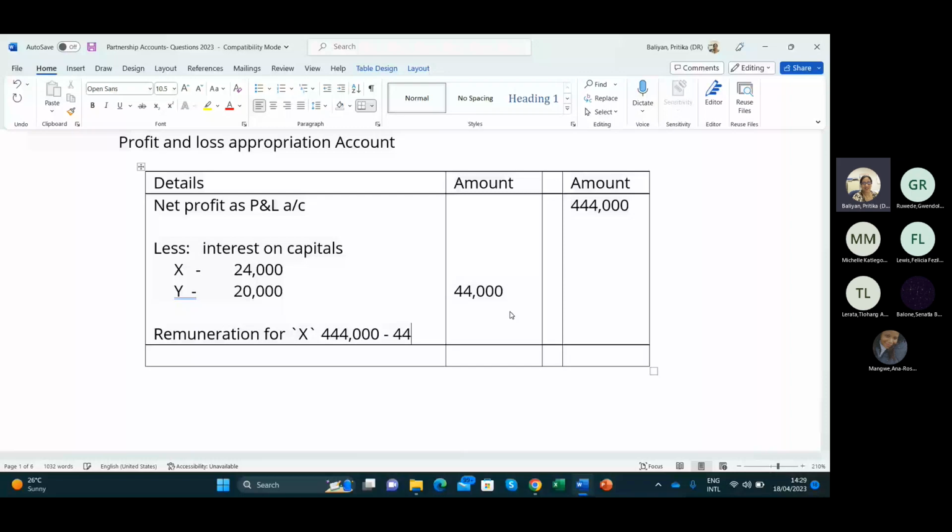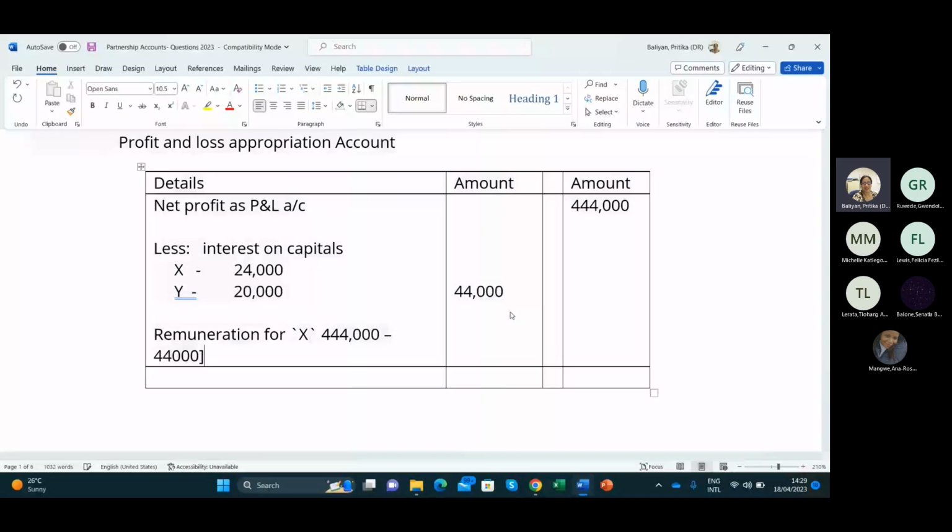So you subtract that amount and then times 10% of it. Because the partnership says that you should deduct the interest because they provided the funds. So on those funds, the interest has been paid. You subtract this one first before we make any other payments. So the 10% of it.